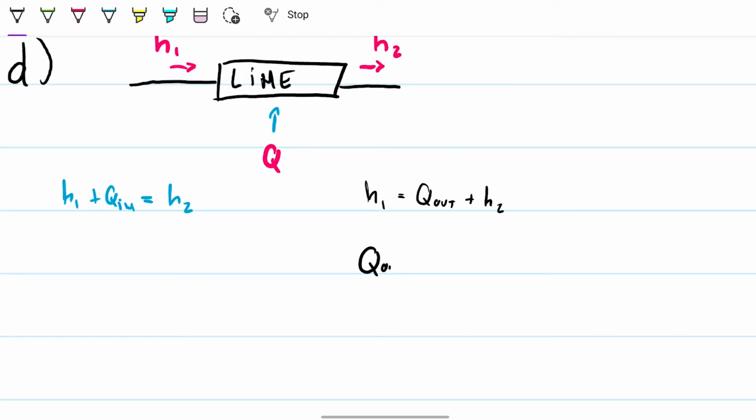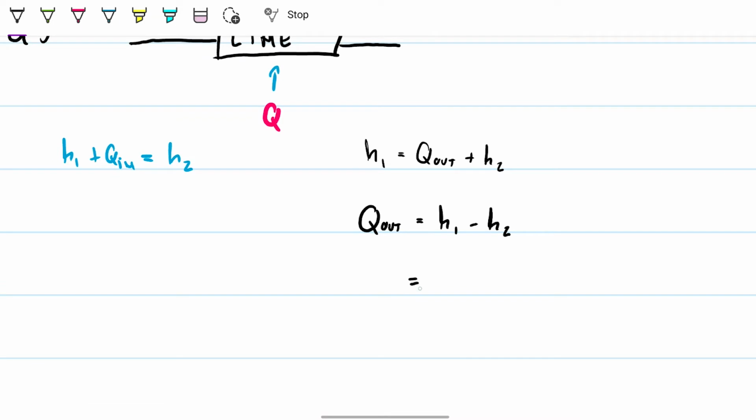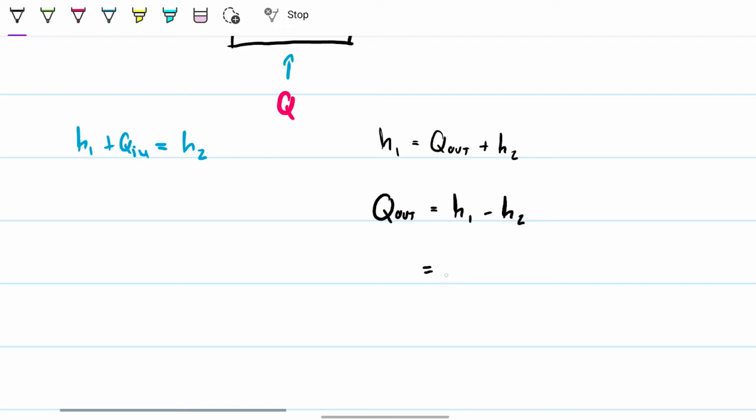So Q out, in this case, will be simply H1 minus H2. H1 happens to be what we just found a second ago, 3025, the energy after I leave my boiler.